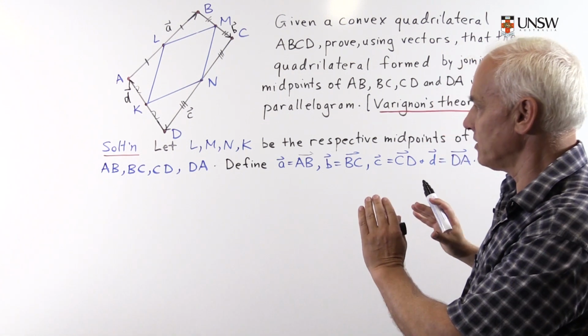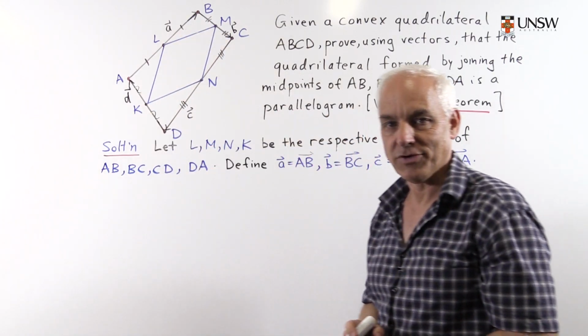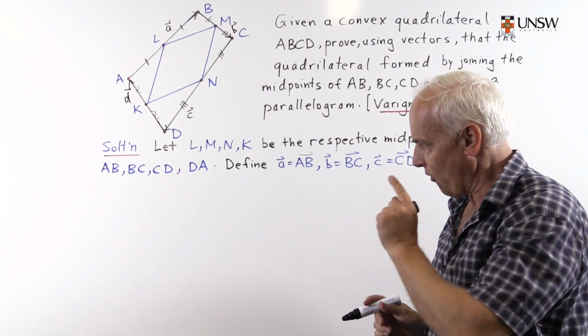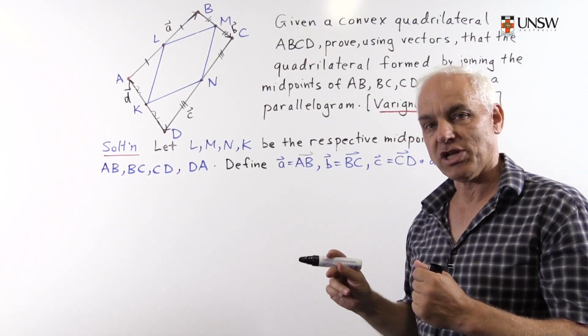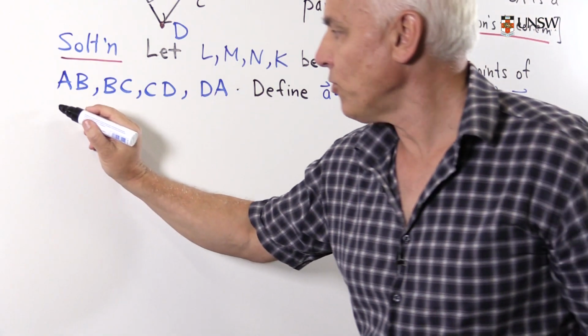All right, so we've introduced the four vectors. Now let's try to express the sides of this interior quadrilateral in terms of these four vectors a, b, c, and d. But before we do that, let's note that there's a relationship formed by these four vectors.